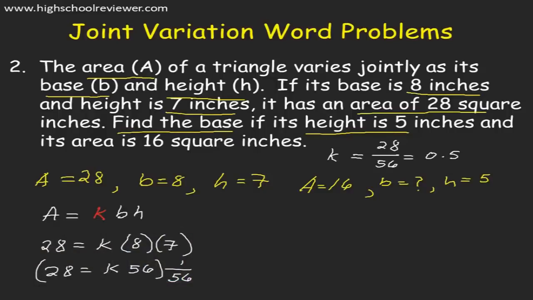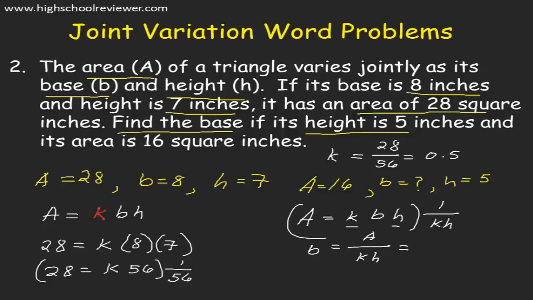Again, we are going to use the equation A is equal to K times B times H. To find B, we need to transpose K and H to the other side. To do this, divide both sides of the equation by K and H. So B now will be equal to A over KH.